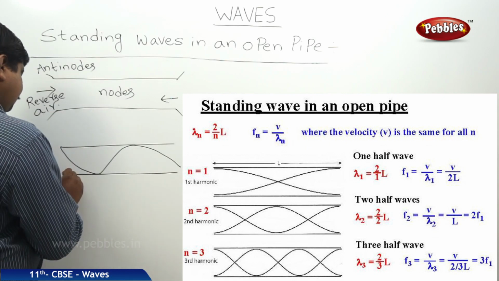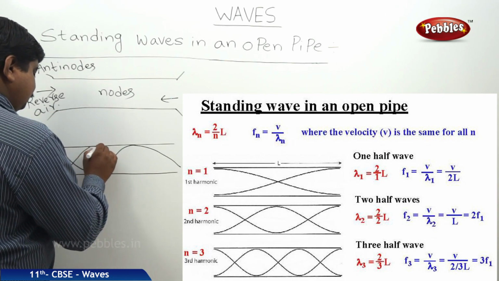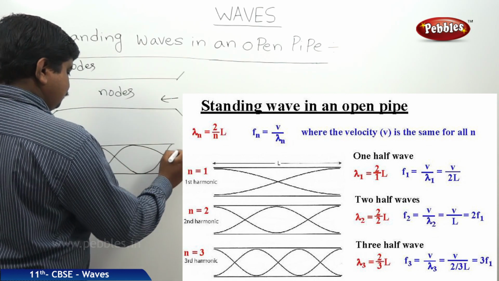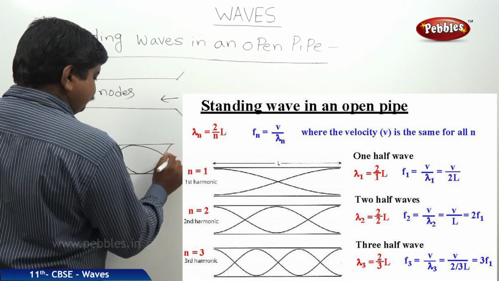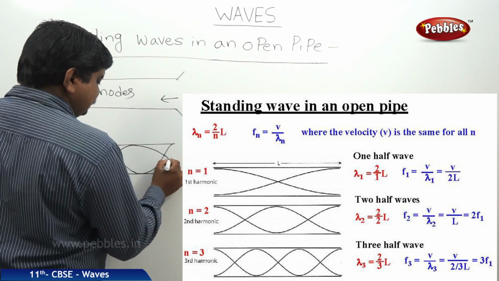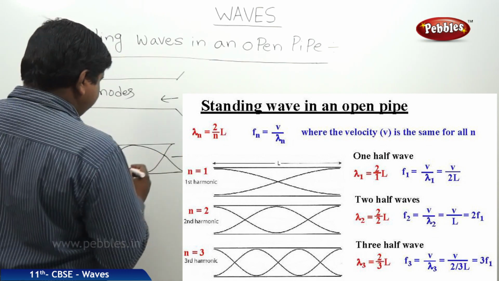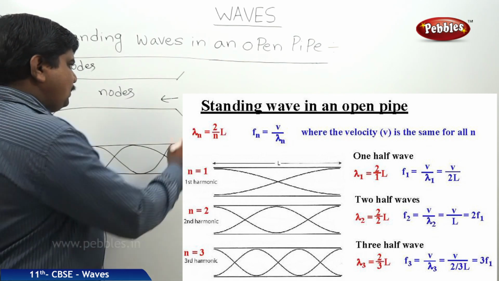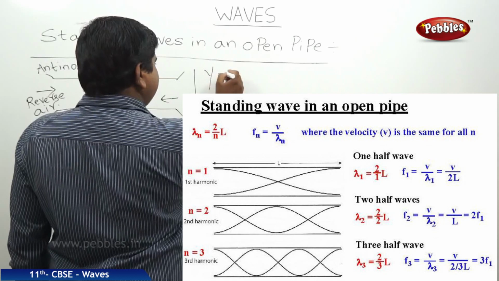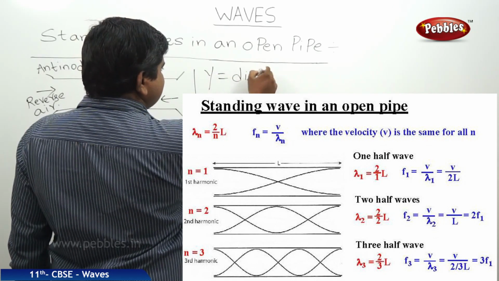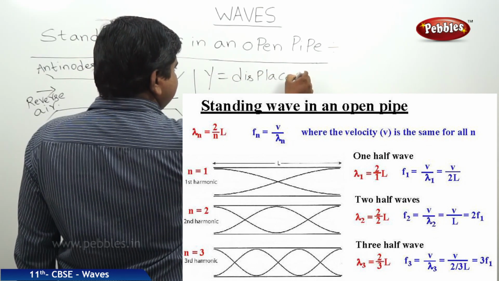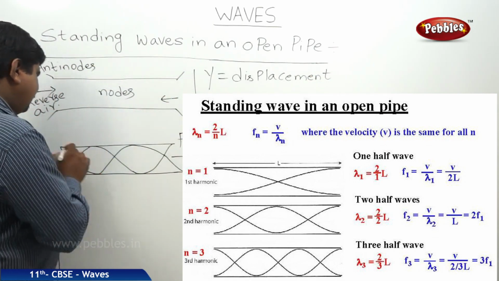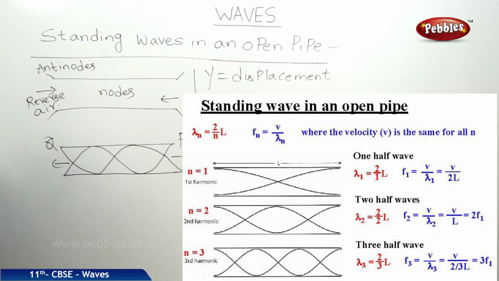This is one wave. This is another wave. So at the ends, we can assume the maximum amplitude. So the equation of the displacement y: the first end is P, the second end is Q. At Q it is reversed.